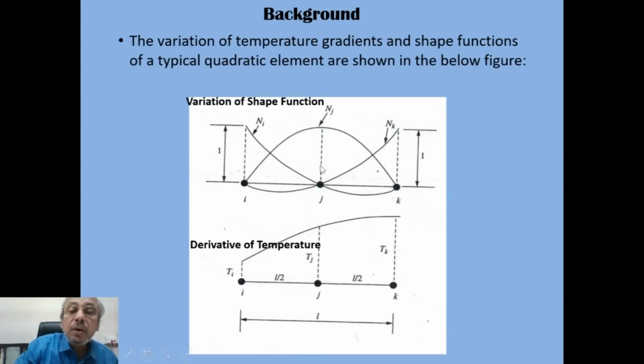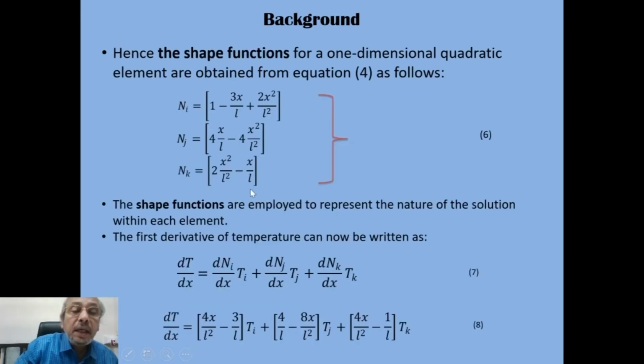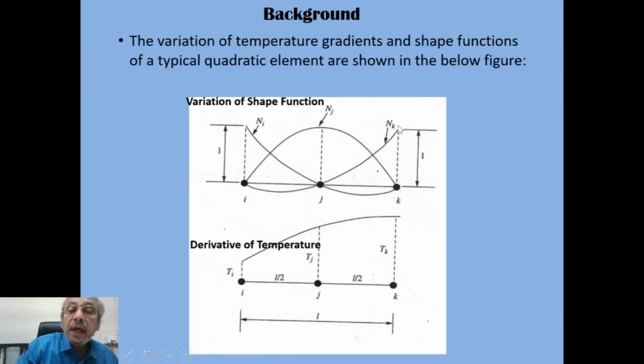So Nj at x equal to L by 2, that means at the j point, it is 1, but it is 0 at the i point and 0 at the k point. Similarly, Nk at x equal to L it is 1, but at x equal to 0 it is 0, and at x equal to L by 2 also it is 0. So Nk is 0 at point i, 0 at point j, but it is 1 at point k.